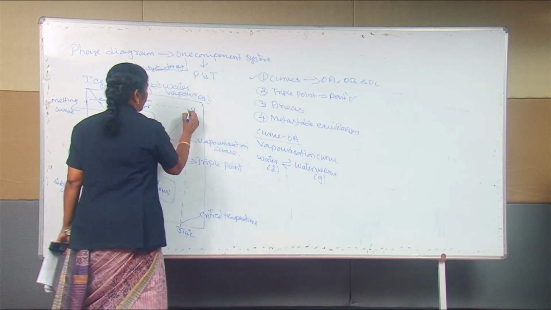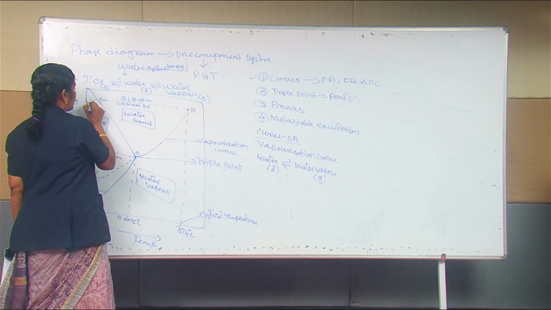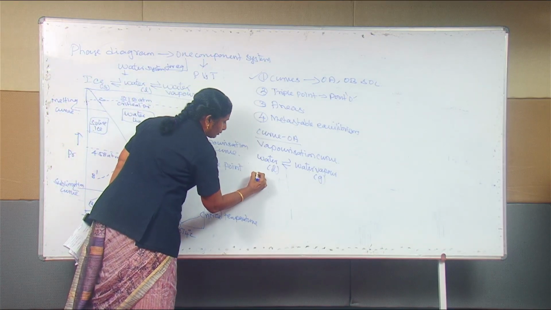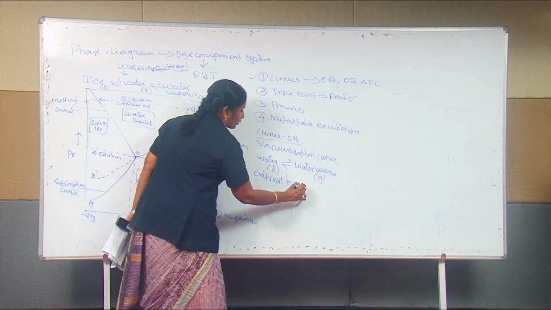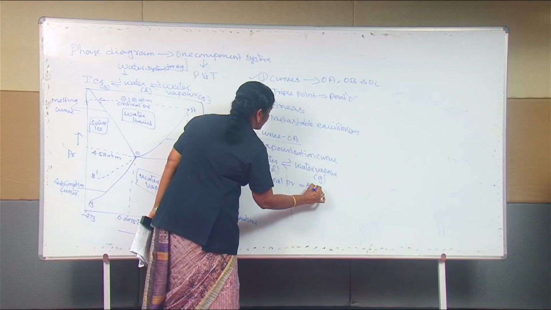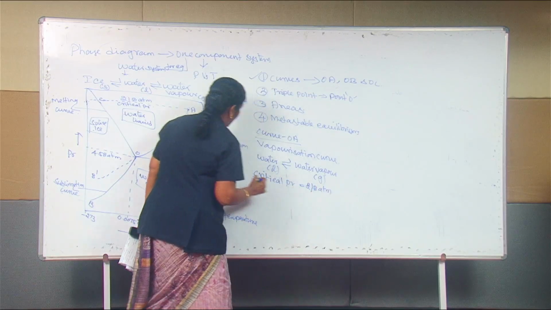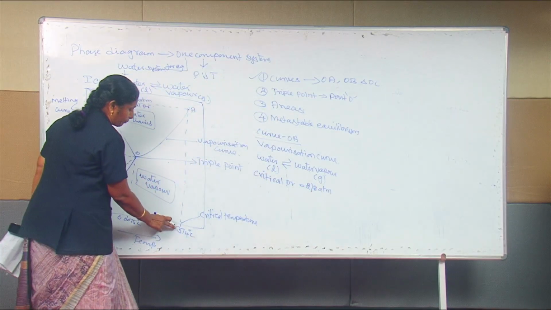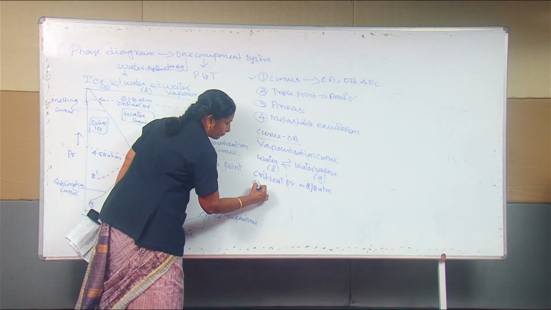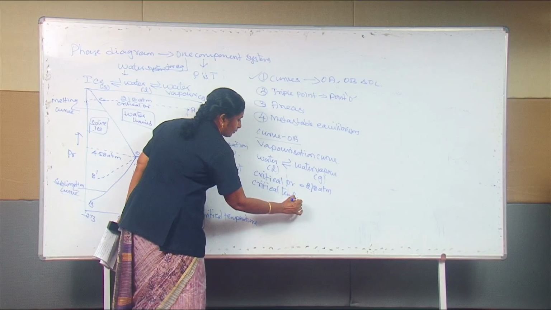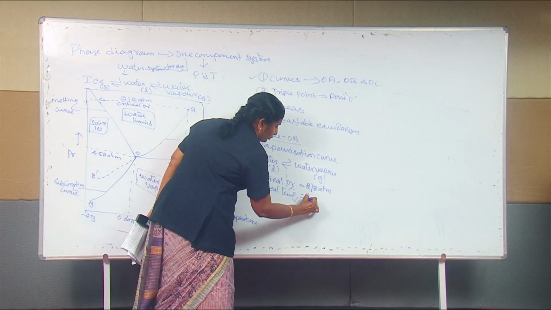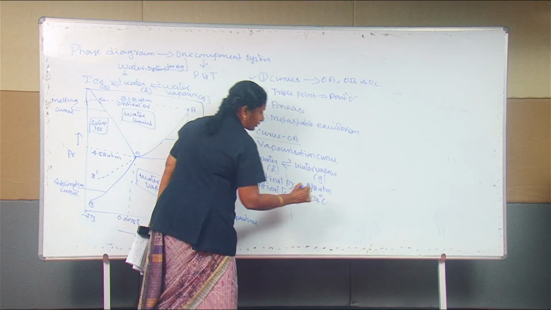And then at point A, the pressure is equal to the critical pressure, that is equal to 218 atmospheric pressure. And at point A, the temperature is equal to the critical temperature, that is equal to 374 degrees Celsius.